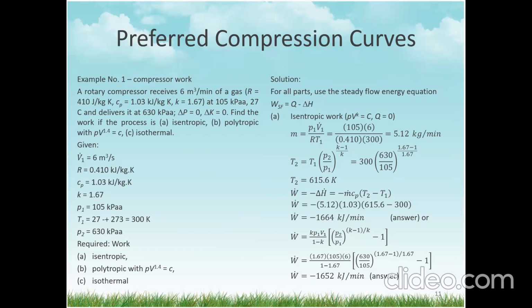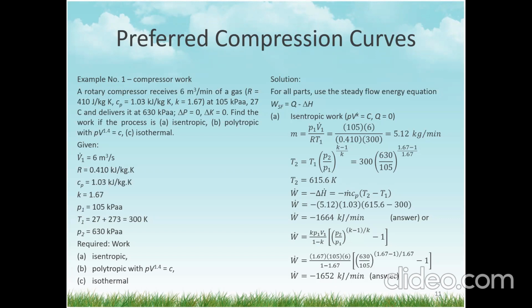P2 is equal to 630 kilopascal. Required is the work by A, isentropic, B, polytropic with PV exponent 1.4, C, isothermal.